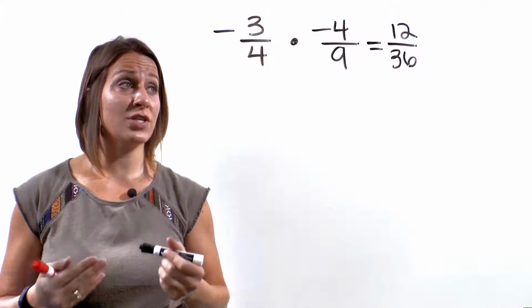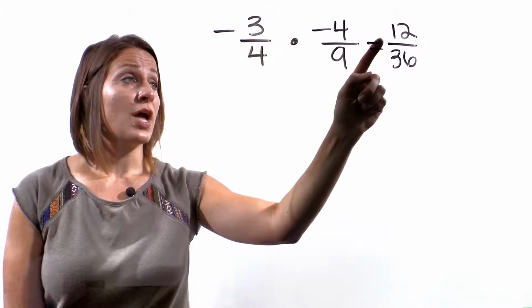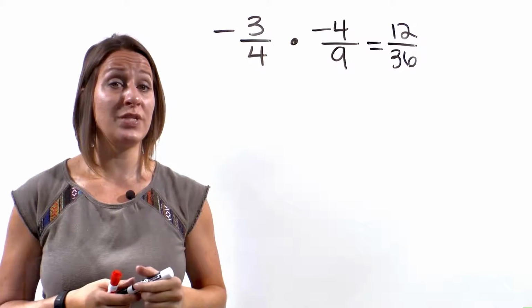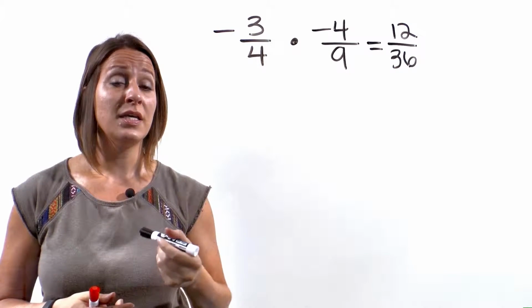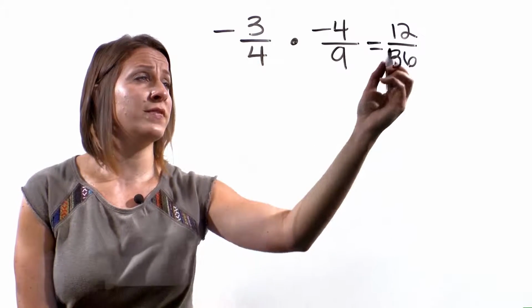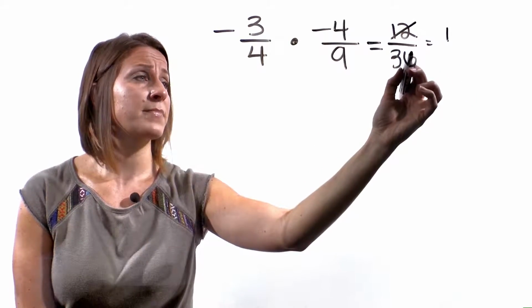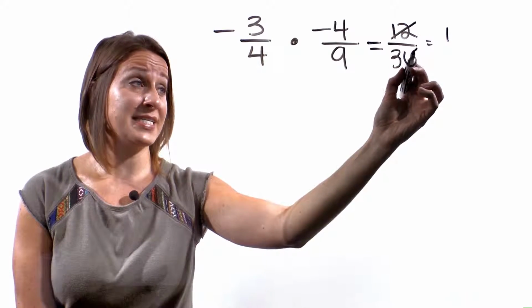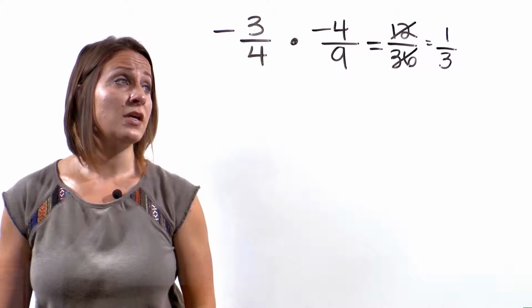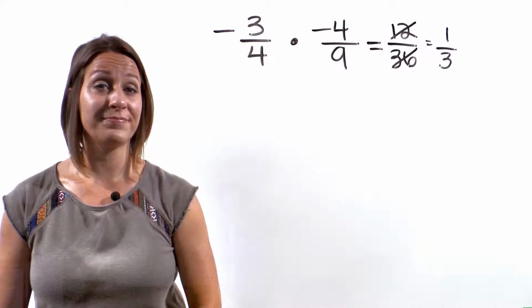We need to see if there's common terms in the fraction that we can cancel out. 12 goes into 36 evenly 3 times, so we can divide the numerator and denominator by 12. So 12 divided by 12 is 1, and 36 divided by 12 is 3. So the final answer to this problem would be 1/3.